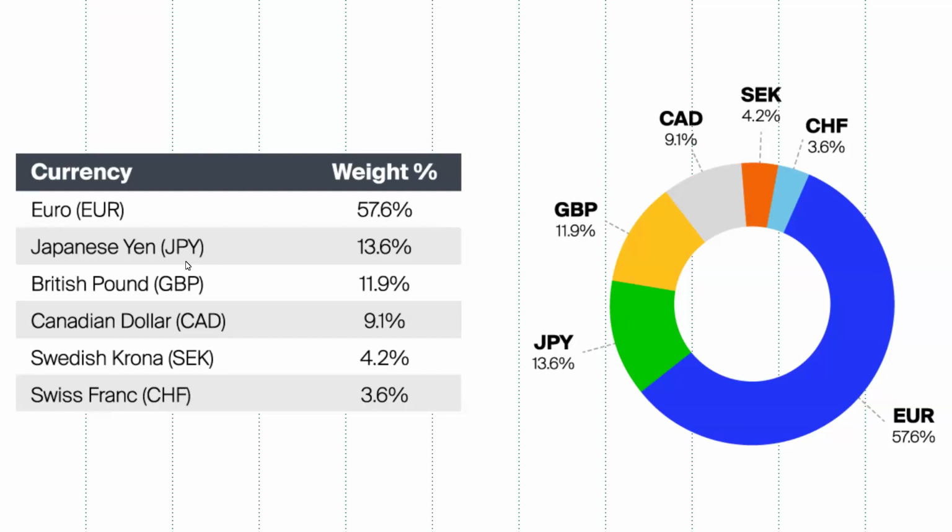The Japanese yen is the other side. When the dollar index is strong, that means weakness in the other currencies. The second biggest portion of the weighting comes from the Japanese yen at 13.6%. The British pound is third at 11.9%. Then the Canadian dollar, the Swedish krona and the Swiss franc.